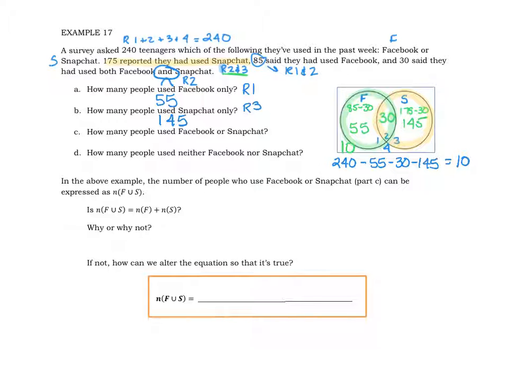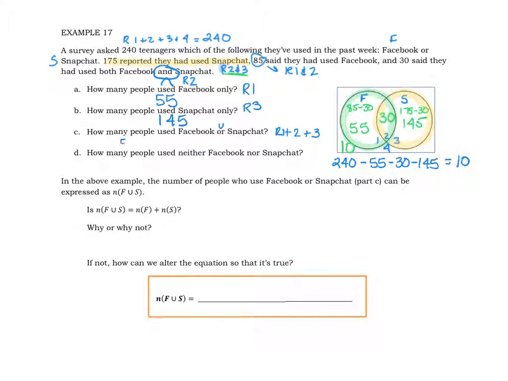How many people use Facebook or Snapchat? That "or" means union, right? So we are going to add region 1, plus region 2, plus region 3, because remember it's Facebook, Snapchat, or both.